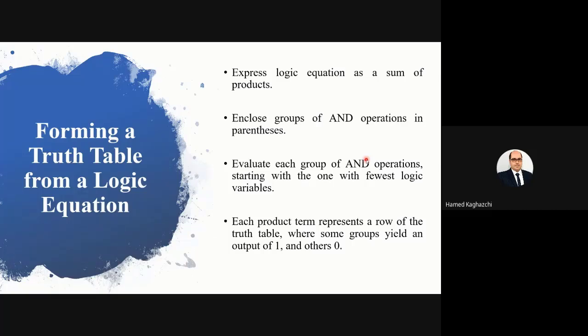So first of all, we try to enclose groups of AND operators in parentheses, then evaluate each group of AND operations. After that, we can draw the truth table and write the output according to the logic equation that we have.